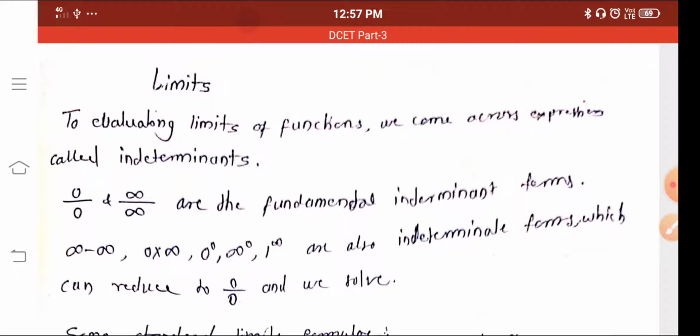Similarly, infinity minus infinity, 0 into infinity, 0 raised to 0, infinity raised to 0, or 1 raised to infinity are also indeterminate forms. These indeterminate forms, infinity minus infinity to 1 raised to infinity, we reduce to 0 by 0 and then we evaluate the given value of the limit.